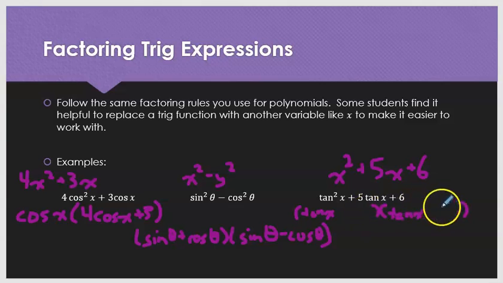For the last number in each binomial, we need 2 numbers that multiply together to equal 6, but add up to equal 5. So in this case, my numbers would be 3 and 2. So 3 times 2 is 6. 3 plus 2 is 5. If you distributed this back out or FOILed it back out, you would see why this is the correct factoring of tangent squared plus 5 tangent of x plus 6.